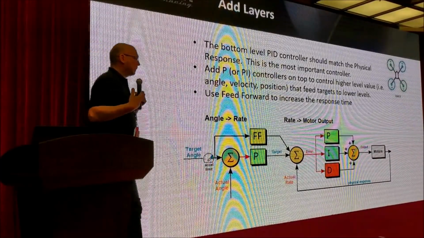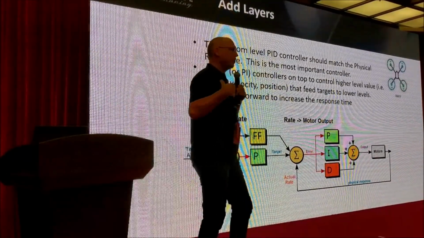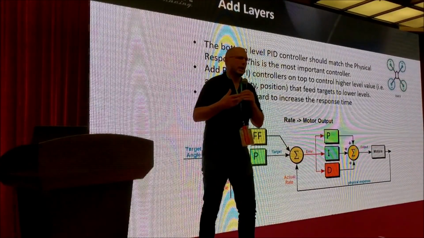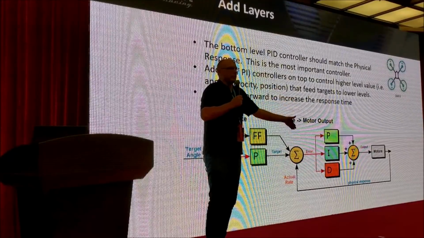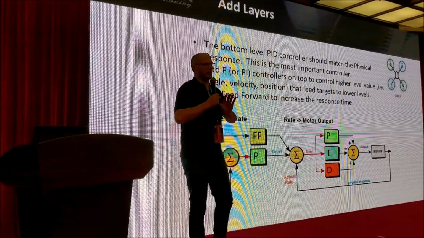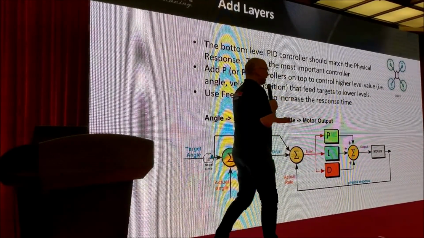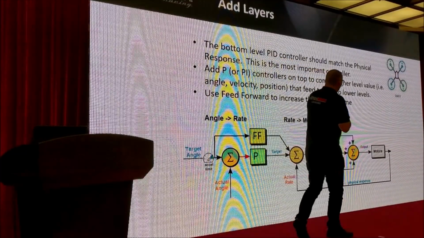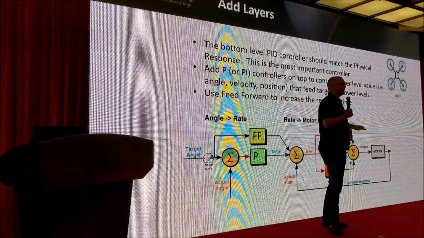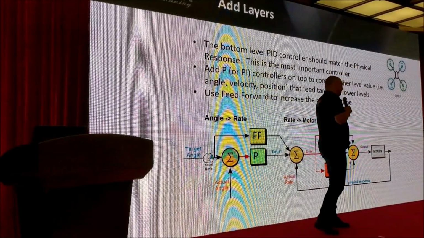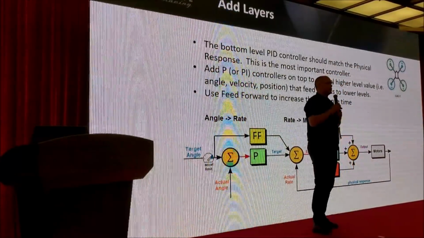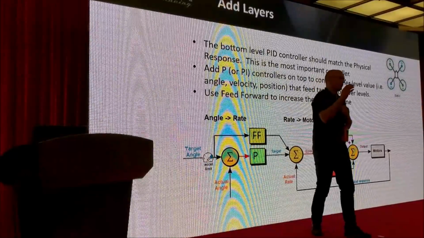When we are building up our PID controllers, we have what we refer to as nested loops. Now that means we have one controller inside of another controller. In this case, we have our rate controllers, our rate of rotation controllers over here. And so that takes a commanded rate of rotation.